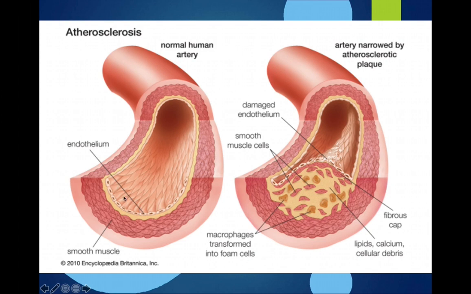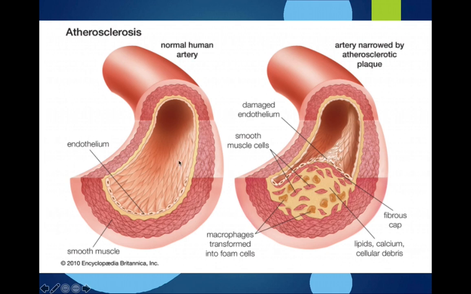That's also known as the tunica interna or tunica intima. Then, deep to that, we have the smooth muscle. That's the tunica media or the tunica musculosa. This is the layer around here that can vasoconstrict or vasodilate. And then we have the external layer, which is the tunica externa. This is the elastic layer here, also known as the tunica adventitia.